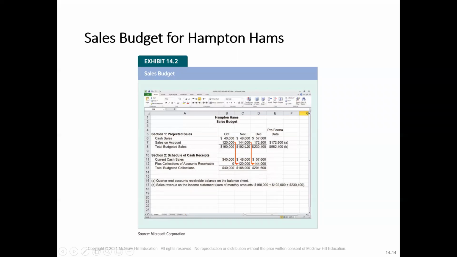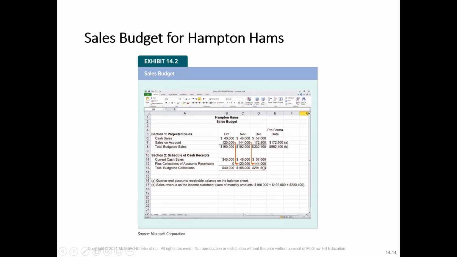So for October, we would only receive the $40,000 in cash sales. The $120,000 of sales on account would not be received in cash until November. Also in November, Hampton Hams would receive $48,000 of cash sales.